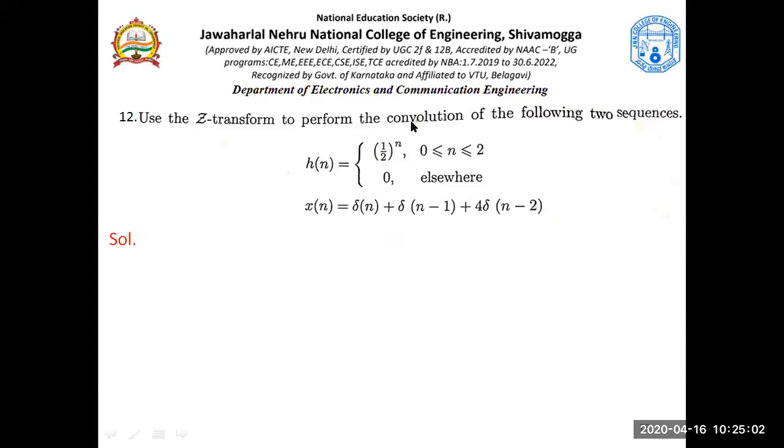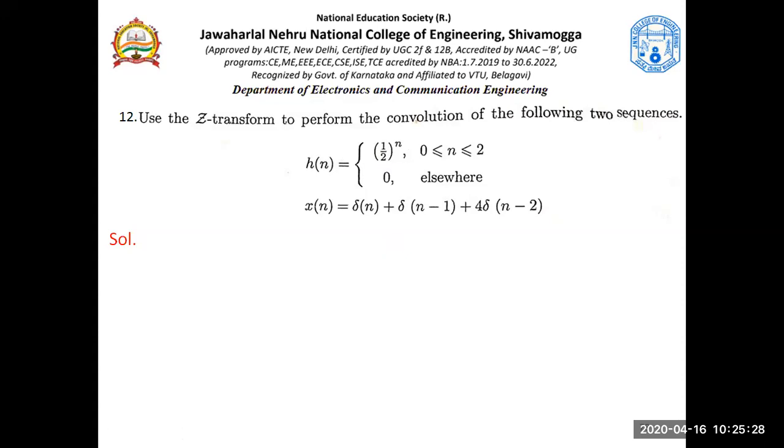What is the convolution property telling you in Laplace transform? We have seen that convolution in time domain is multiplication in Laplace domain. Similarly, in Z transforms, the convolution property says that convolution in time domain is multiplication in Z domain.